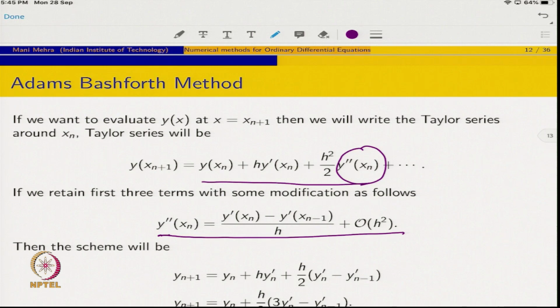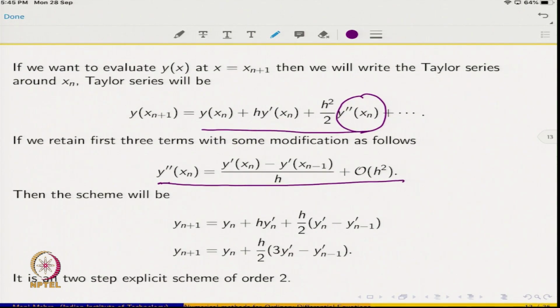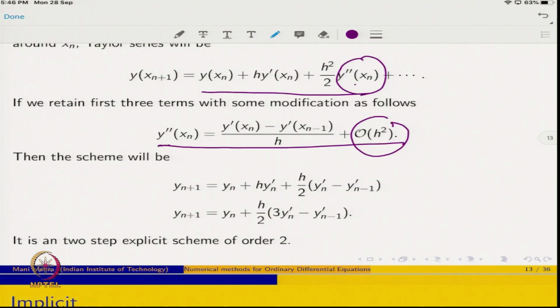So, then the scheme will be, if I am retaining this order of h square. Why I am retaining order of h square should be clear to you. I want the approximation of this whole term, the error which I neglect from this term, and the order should remain the same. It should not be different. Why it should not be different? That is what I will explain later.